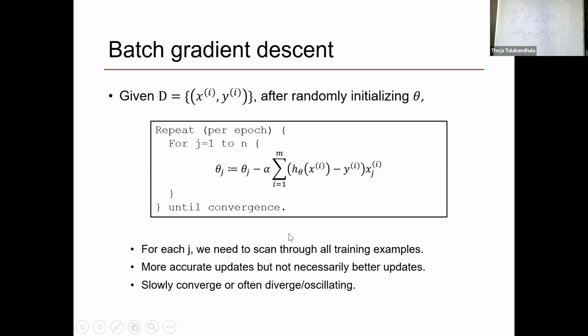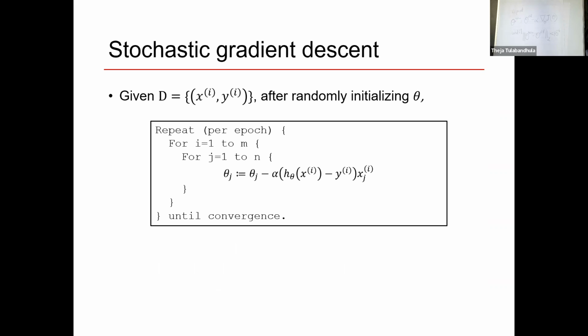It's slow in the sense that the updates are more accurate in some sense, but it's unclear whether you need all the m data points to do one update every time. That's what people have tried to circumvent by coming up with a slightly modified procedure. These all belong to the family of first order methods.